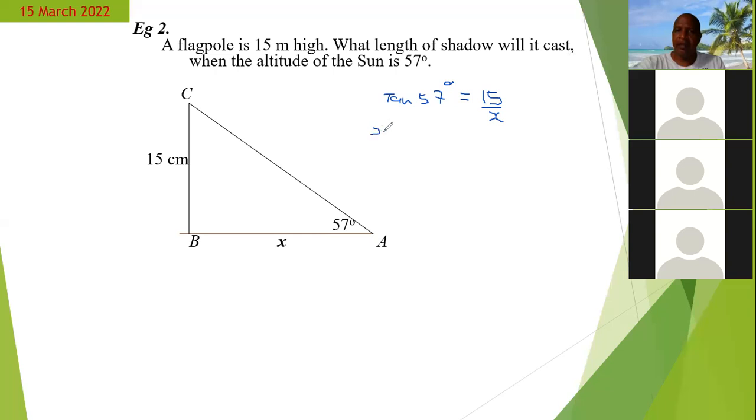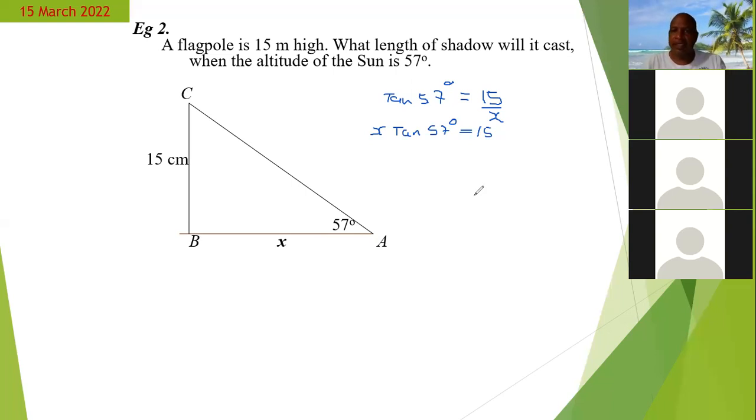All right, good. So we have x now times tan of 57, and that would be equal to 15. But does that make x the subject? Not yet.